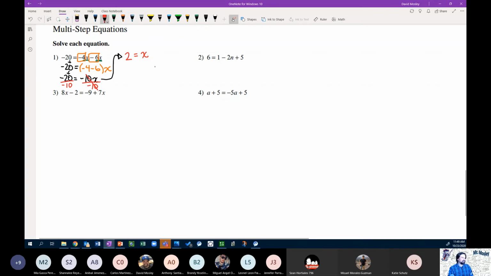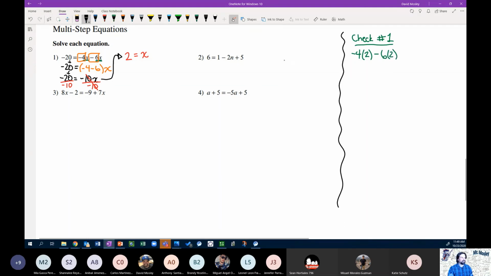And then we need to check it. I'm going to do my checks over here because these questions are closer together. So everywhere I see an x, I'm going to put a 2. So I have -4 times 2 minus 6 times 2.